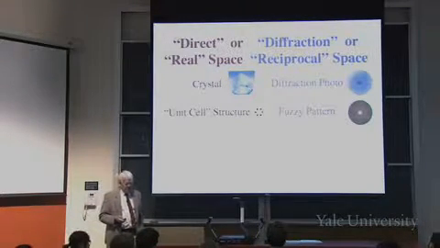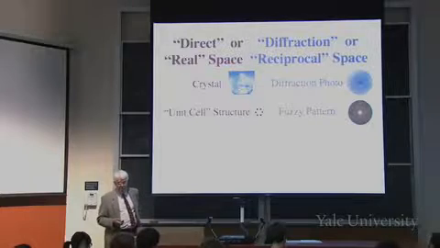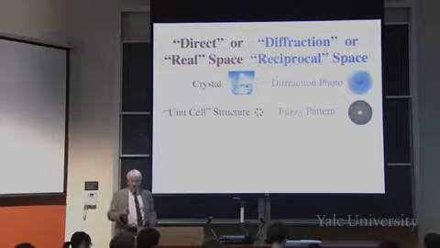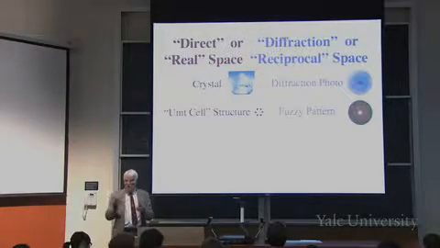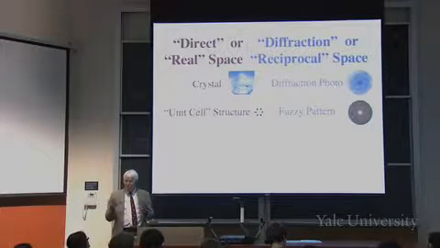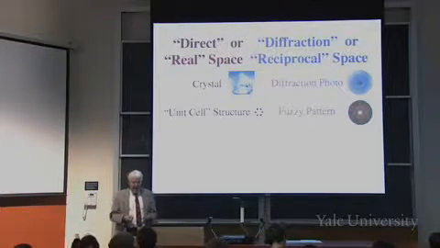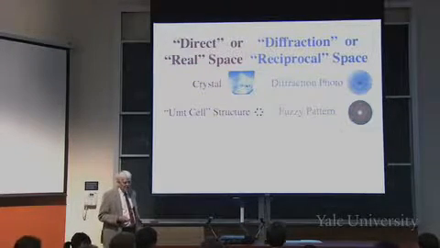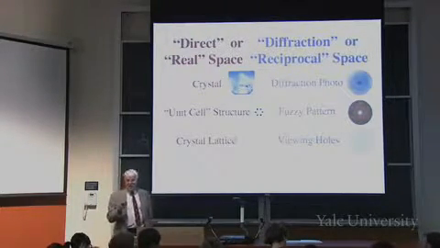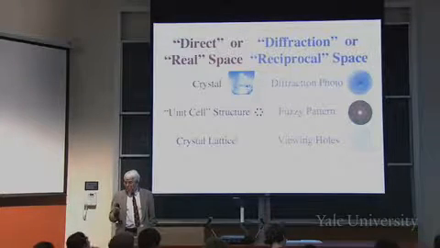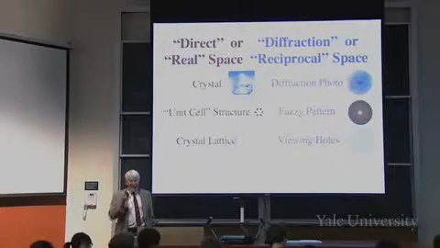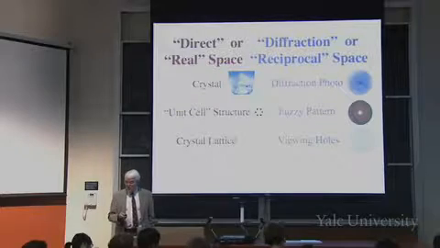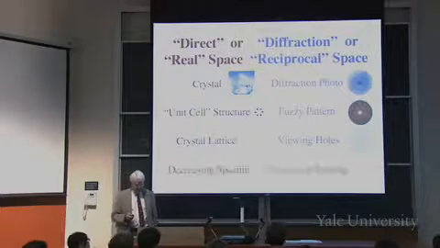So in real space, you have a unit cell structure. That is the pattern that then gets repeated to make the crystal. But you have the pattern, right? And that gives rise to this fuzzy pattern like a snowflake in reciprocal space. And then you have a crystal lattice, a regular repetition of these patterns, right? And that's as viewing through the holes in the pegboard, okay?